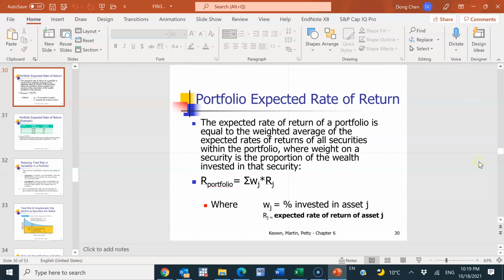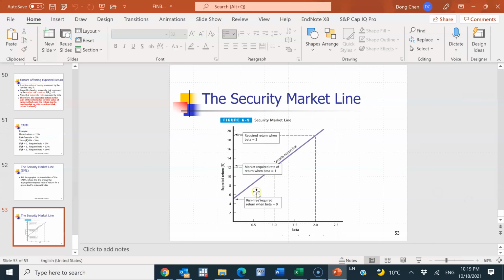And if we want to draw a security market line, we have to understand its feature. So security market line has to cross 2 points. Every security market line has to cross these 2 points. One is when beta equals 0, we know that this means risk-free rate, right? So the first point every security market line has to cross is that on the vertical axis, it has to cross a point that expected return equals the risk-free rate.